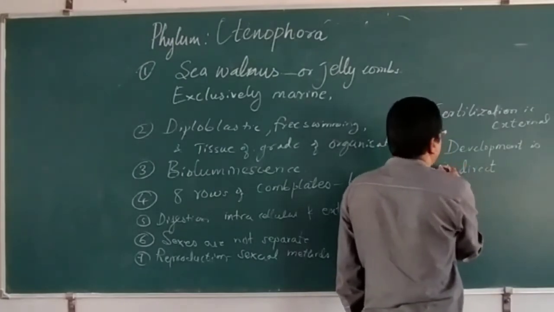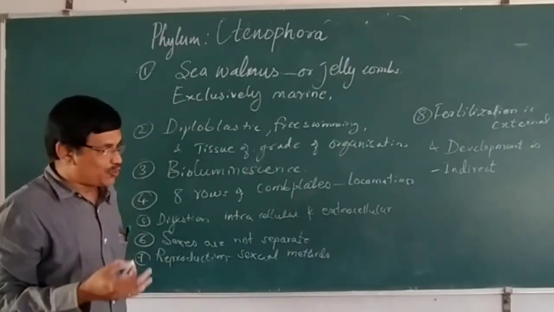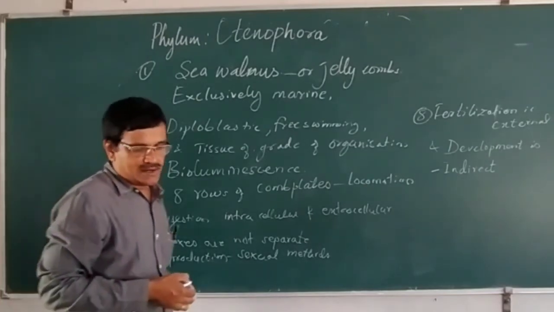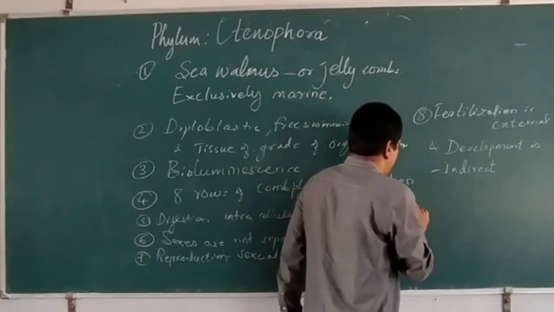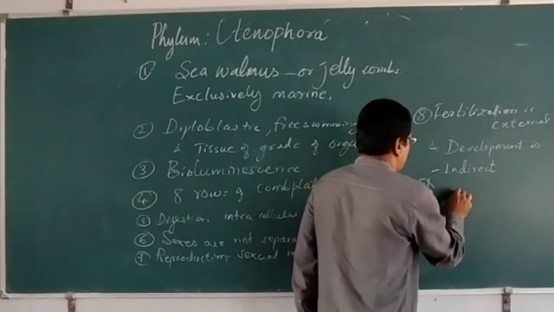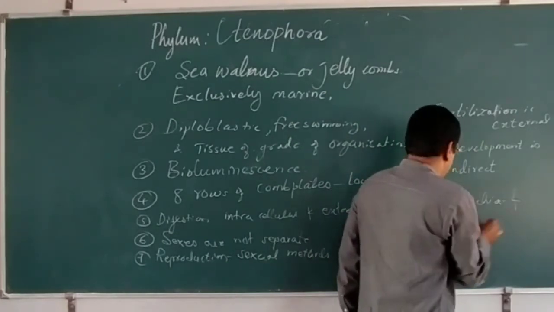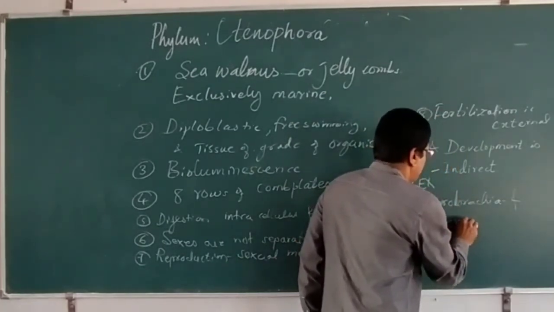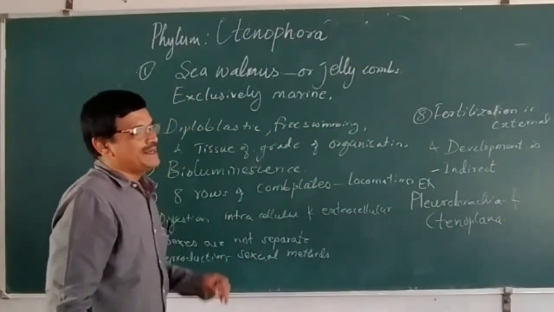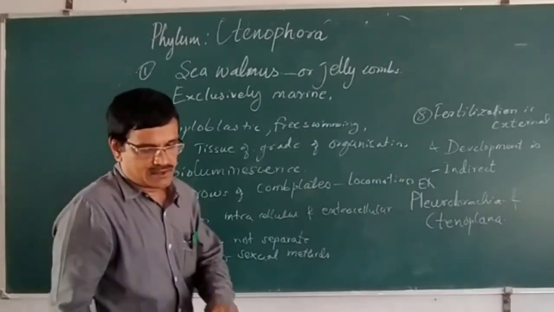That means development occurs through a larval stage. Examples: Pleurobrachia and Ctenoplana are the examples of this phylum.